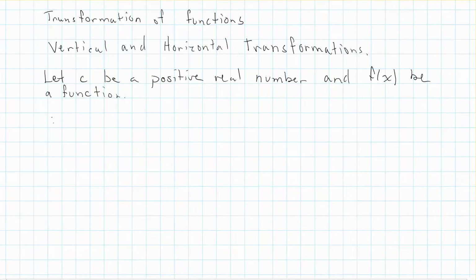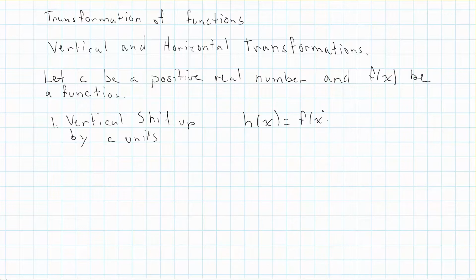All right, so let's go ahead and look at this here. So we have a vertical shift up by C units, and this is going to be h at x is equal to this function f at x plus c, which you might guess that you would just add c, and if you think about it, like x squared plus 1, you're just going to be moving every point up 1.